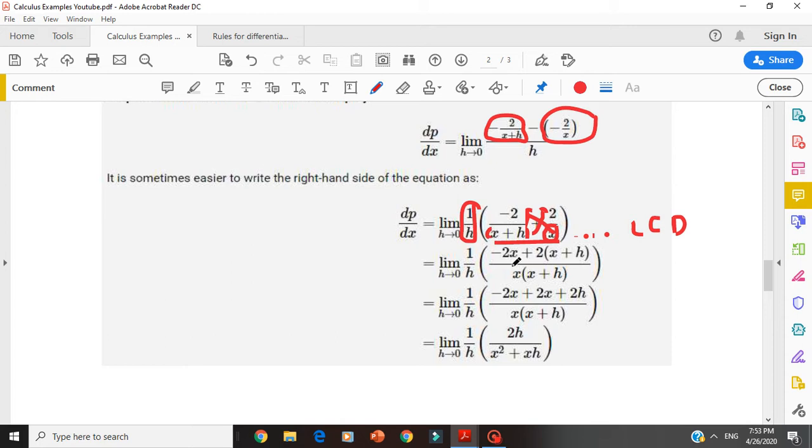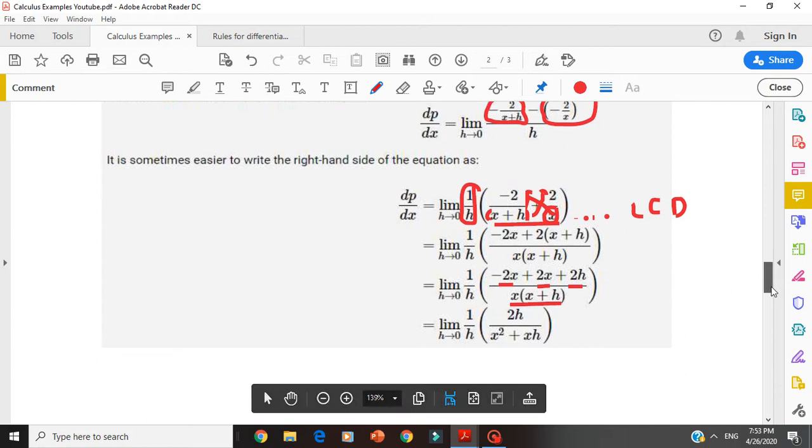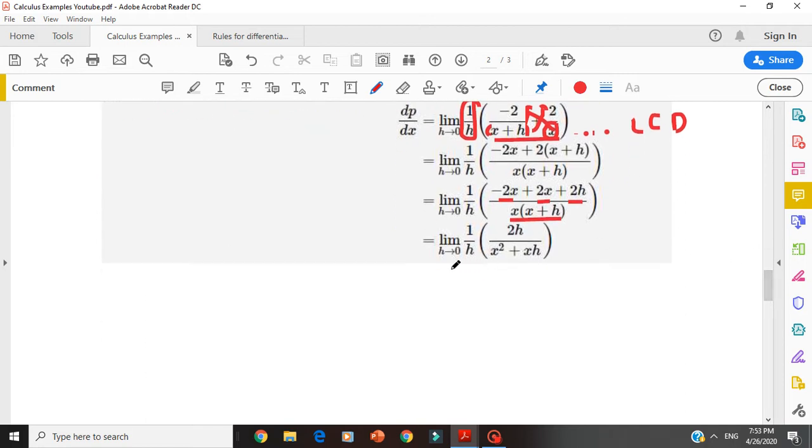And so here you're going to get minus 2x plus 2 into x plus h, divided by x into x plus h. If you multiply this out, you're going to get minus 2x plus 2x plus 2h, divided by x squared plus xh when you multiply the denominator out, which will then give you the limit as h approaches 0 of 1 over h into 2h over x squared plus xh.